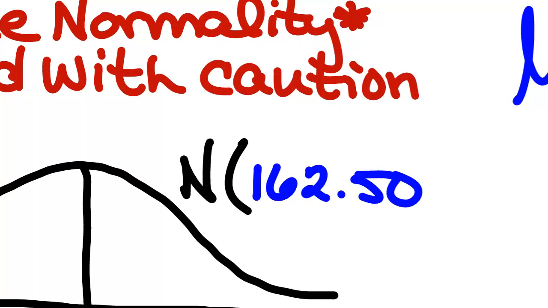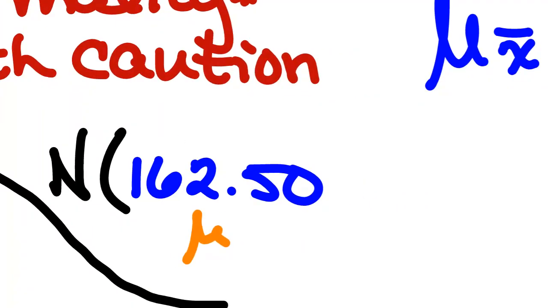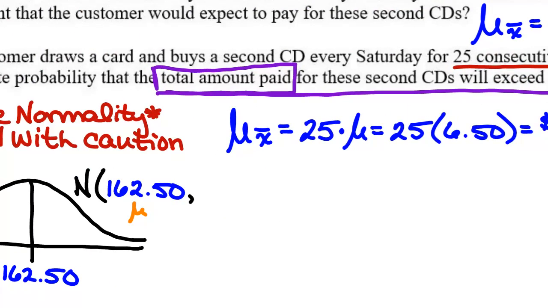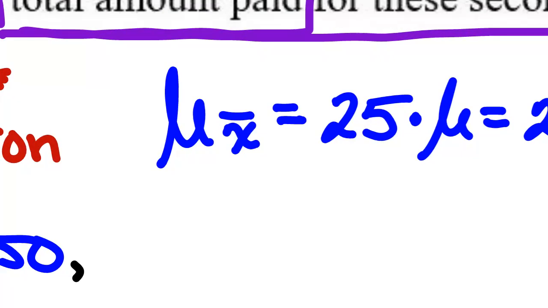And what other information do I need if we're going to do a normal calculation here? I need the standard deviation. So we need sigma of x bar. I know what the standard deviation is for 1 from the population, right? What is the standard deviation for 1 CD from this population? 3.10.